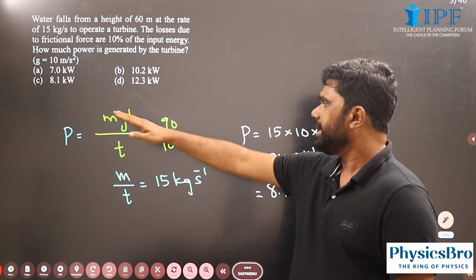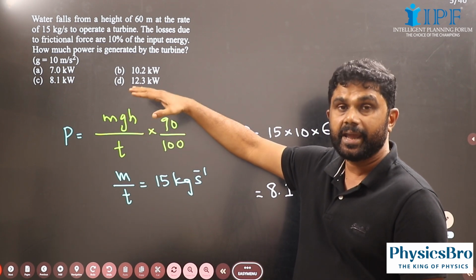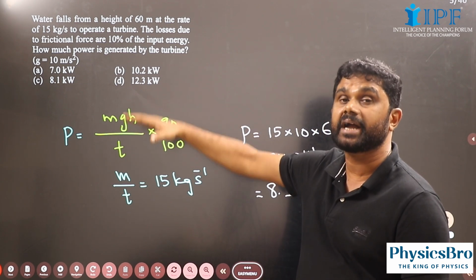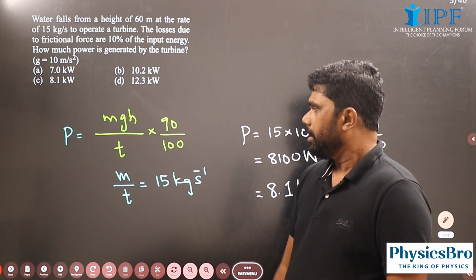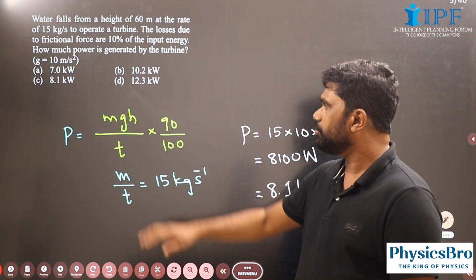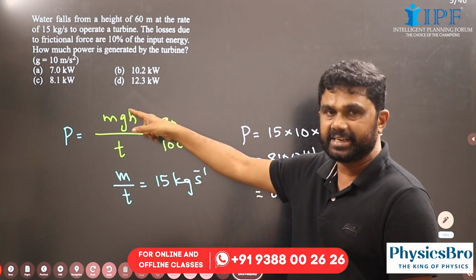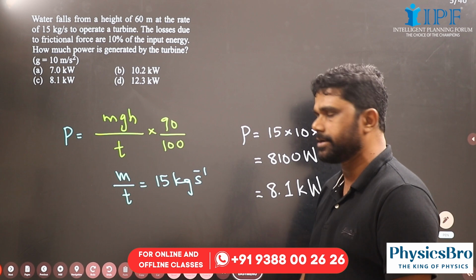So mgh, that is the energy when a mass m falls from a height h, divided by t, that is the power. The output power will be only 90% of this, so into 90 by 100.